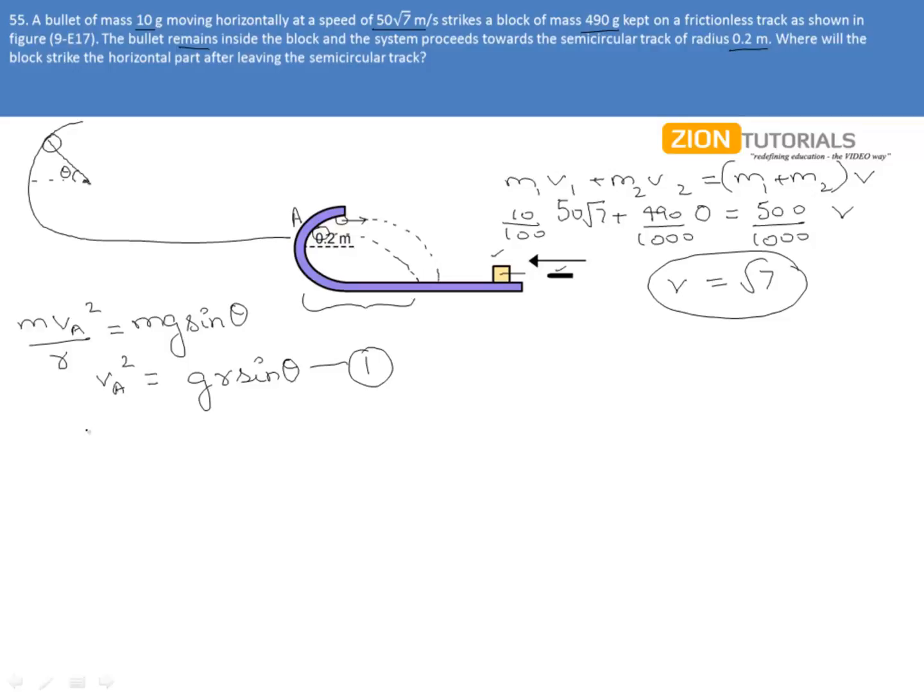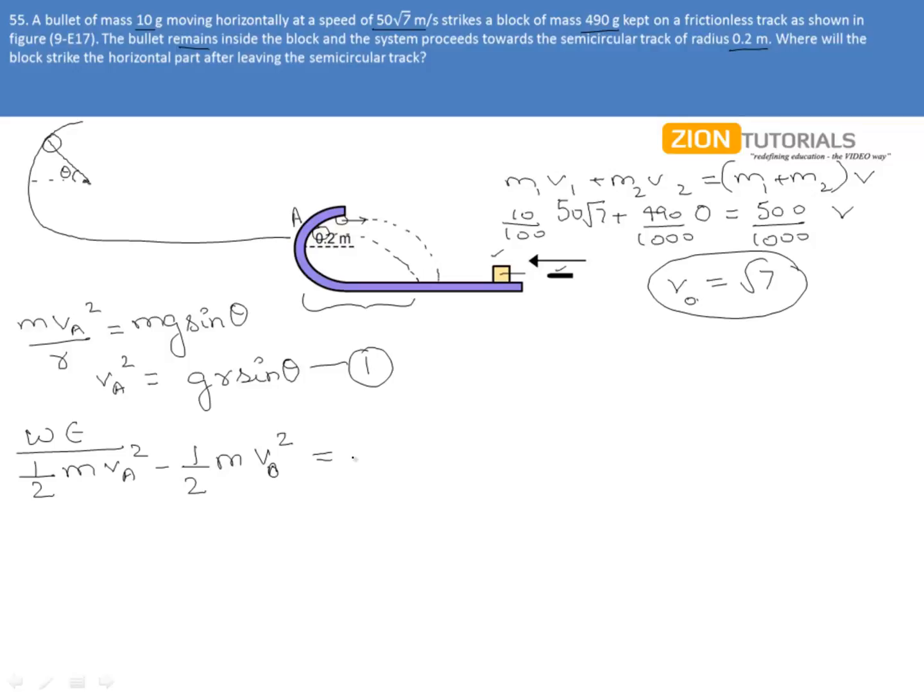Now we are employing the work energy theorem between this position A and the initial position. What is the final kinetic energy? This is half mVa square. The initial is half m v naught square, the v naught being this root 7. This equals the total work done.